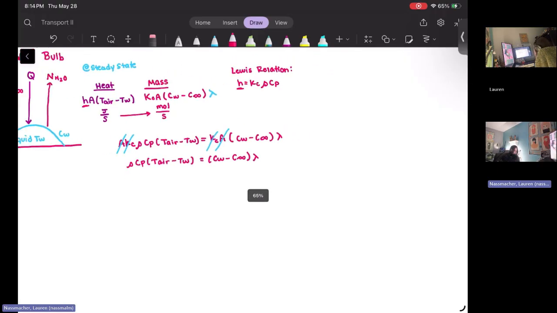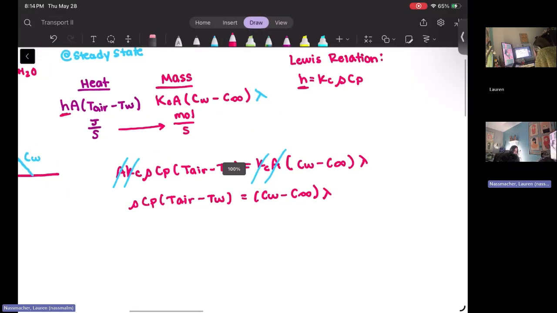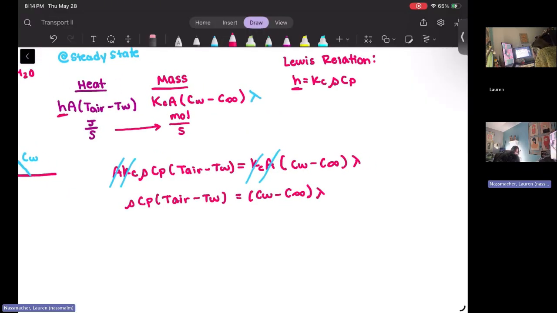So there you go. We create a relationship between the two, right? It's just setting the heat equation equal to the mass equation, and then plugging in the Lewis relation in order to cancel out any variables that we don't want anymore.